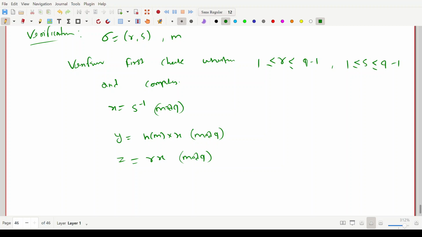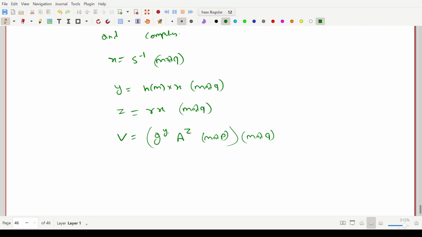So he computes this x, y, z, and v equal to g raised to y multiplied by A raised to z, modulo p and at last modulo q. If this v is equal to r, then the signature is verified. Let us quickly check the correctness.